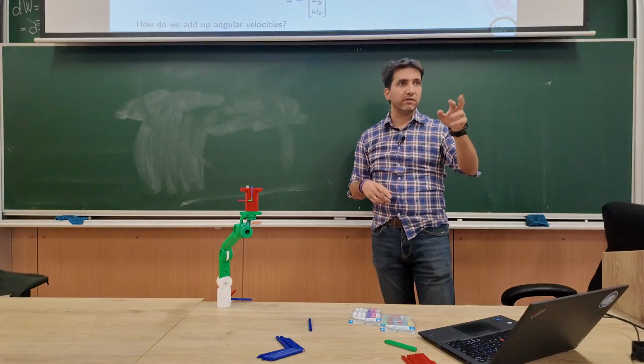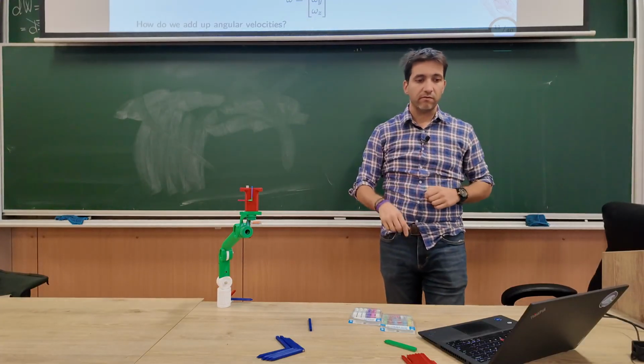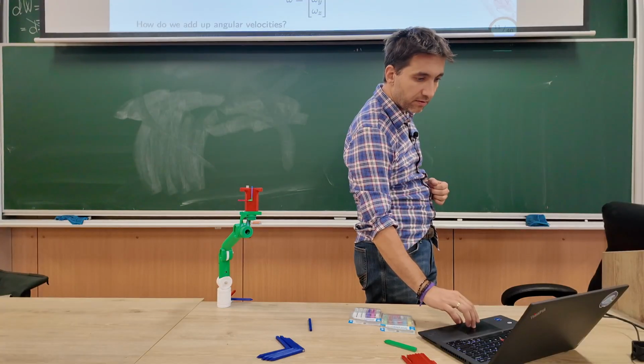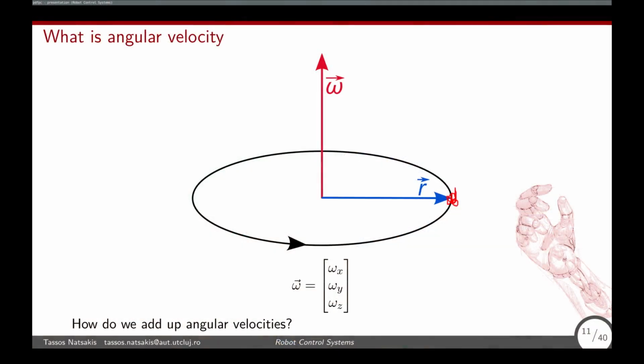Now going back to what you were discussing earlier about the tangential velocity. If I have an object here at this radius, it has an angular velocity, but at the same time it also has some linear velocity, because it also translates. It changes position, it doesn't only change orientation.